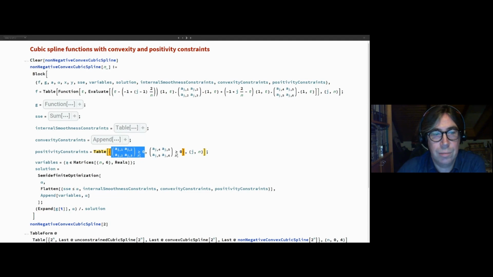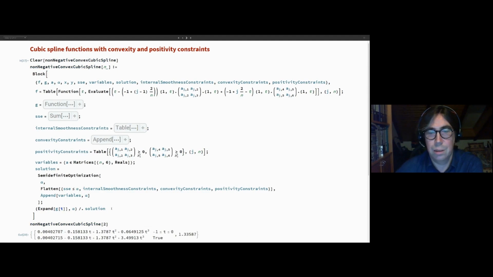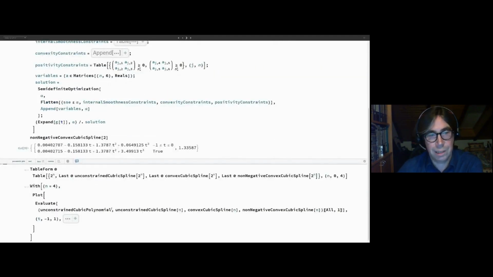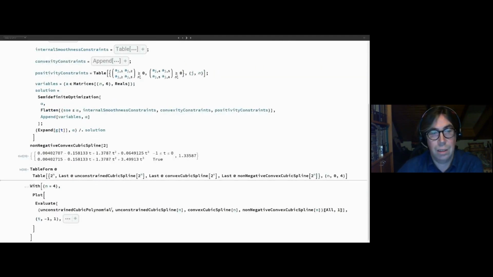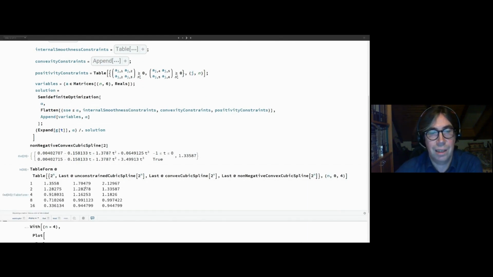Yeah, so we have a few additional variables here. It used to be n/4, and now it is n/6. It works fine. Also fast enough. Positivity constraint gives a larger sum of squared error.